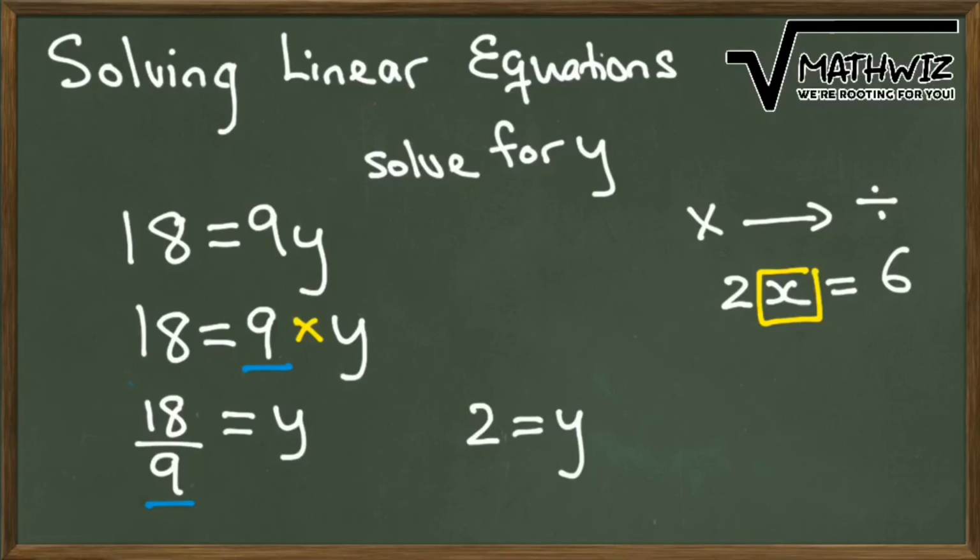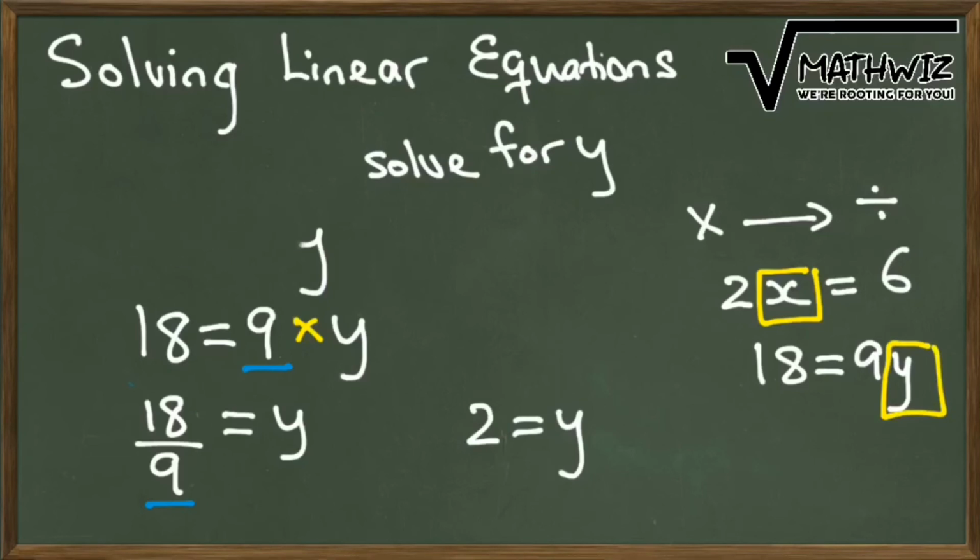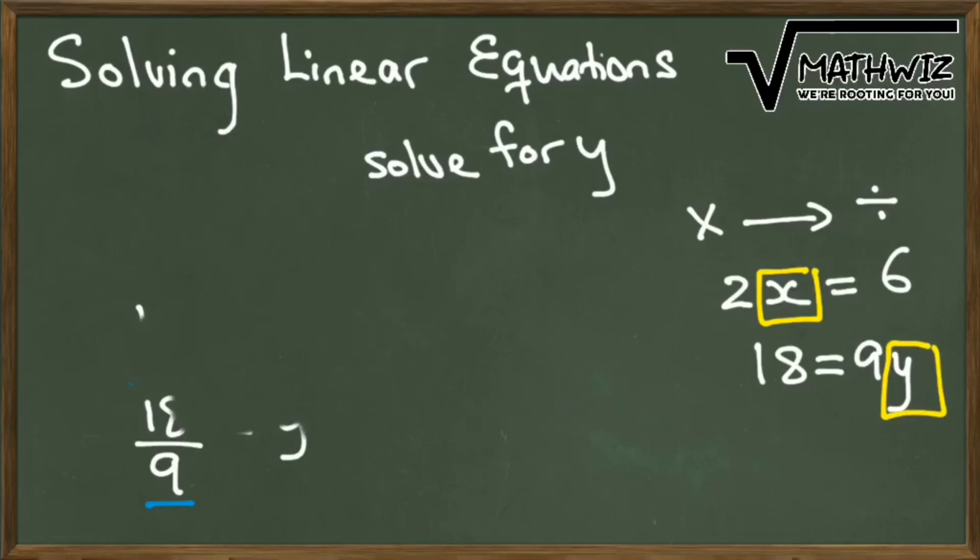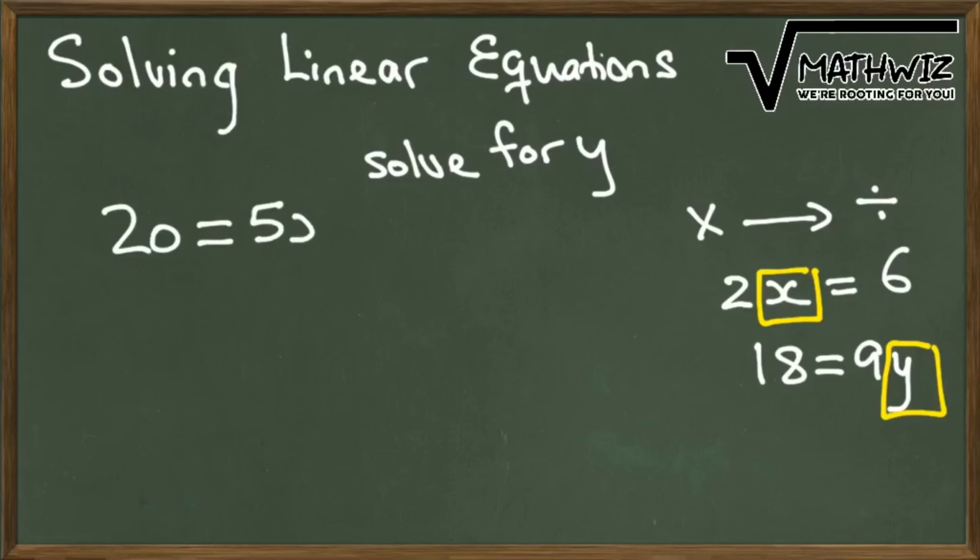All right, so I'm going to do another one. And then I will give you one to try. So if we have 20 is equal to 5x, so I would start off by rewriting it as 5 multiplied by x.